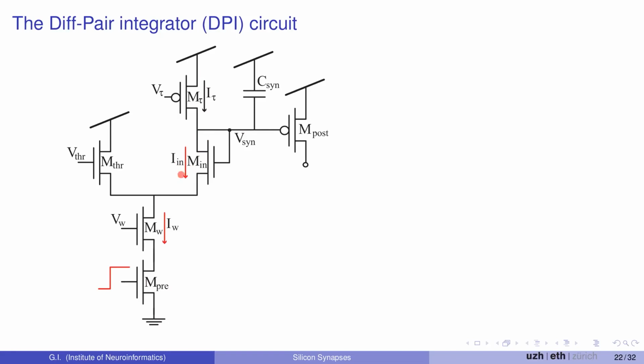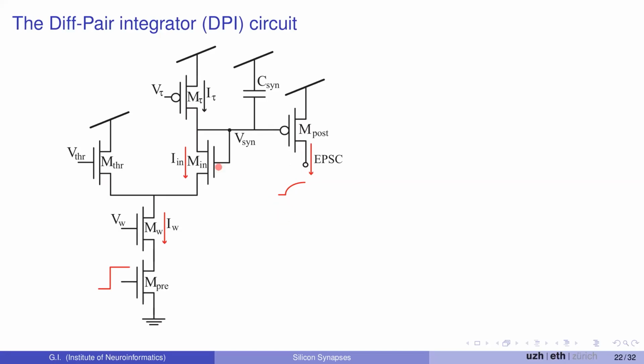through this current I in, which is basically the difference between I tau, IC, and IW. Because the Vsin is going down, this is a PFET, so the VGS is increasing. This will increase the current in the output. And this already should give you a hint. I'm not increasing it linearly. I'm increasing it like 1 minus e to the minus t over tau.